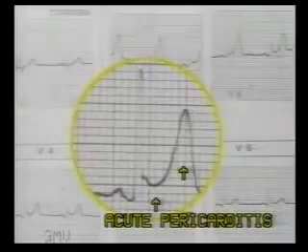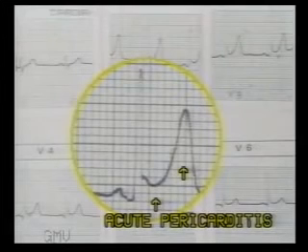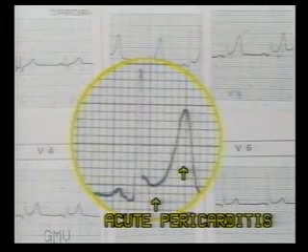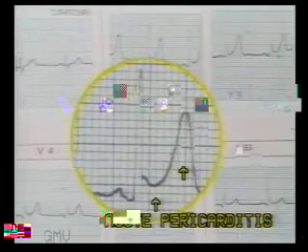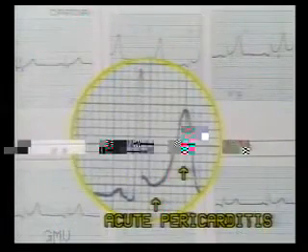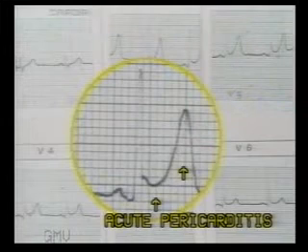The second cause of ST segment elevation is acute pericarditis. This ST elevation is concave upwards with upright T waves. So it mimics the hyperacute phase of myocardial infarction, and even clinically the pain is identical. But pericarditis is a diffuse process.